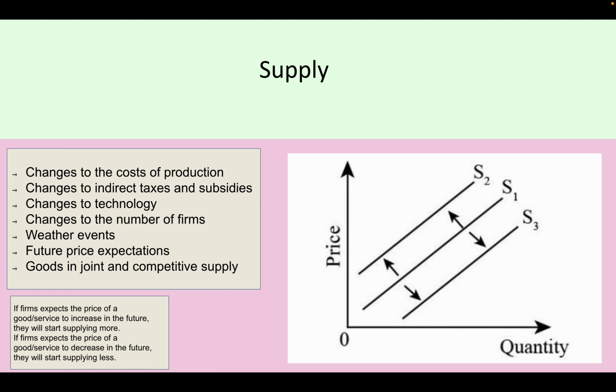Another example would be weather events. You're at S1 again, making potatoes, but then there's a huge hurricane that kills your potato farm. So the quantity supplied will decrease, and S1 would shift to S2, a leftward shift, less supplied.